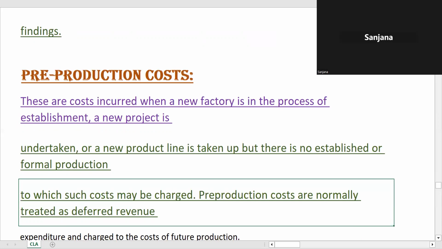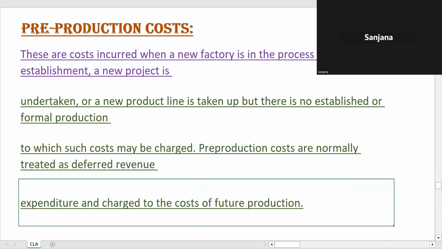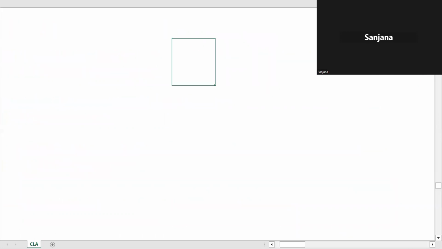These costs are treated as deferred revenue expenditure and charged to the cost of future production. For example, if I have started my factory, and it took me 1 year to start production, in this 1 year I have incurred 10 lakhs expense.